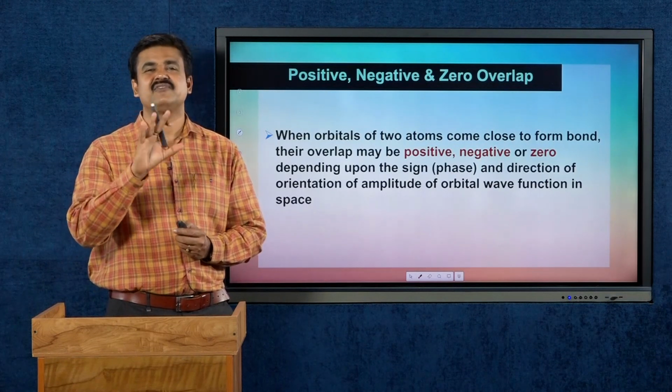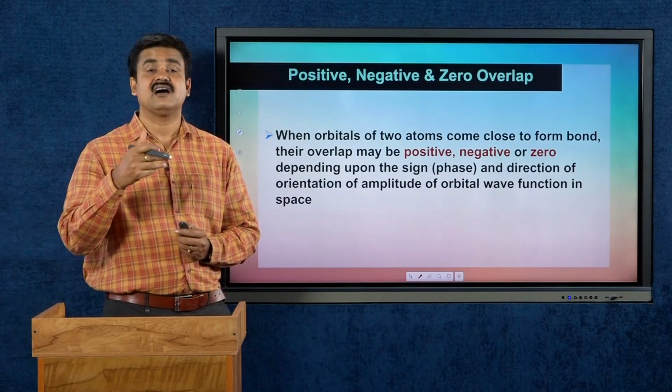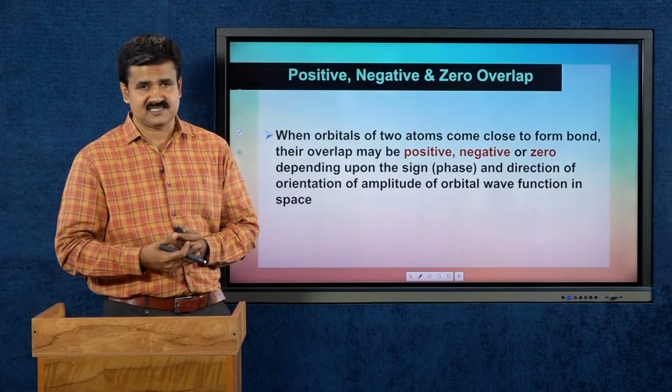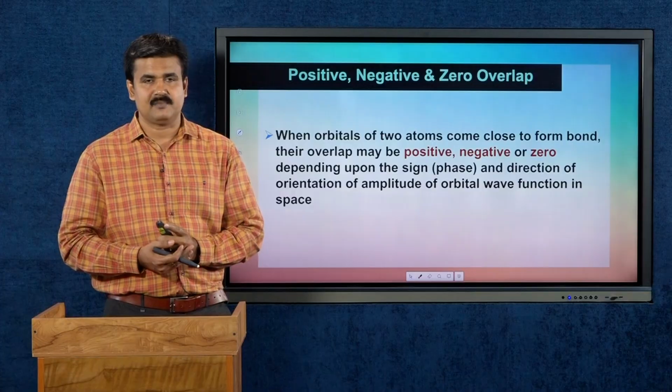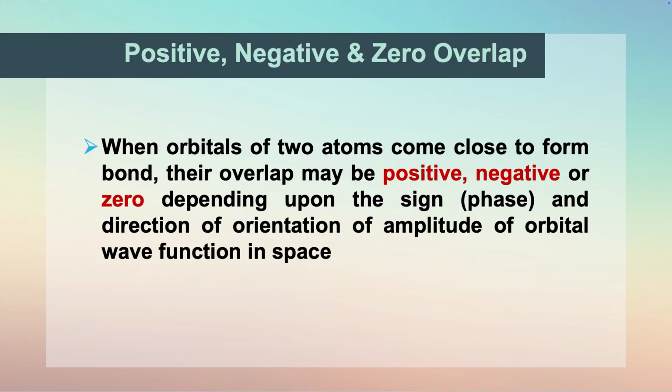Based on the phase arrangement, we can have three kinds of overlaps. They are positive, negative or zero overlap. When orbitals of two atoms come close to form a bond, their overlap may be positive, negative or zero depending upon sign.